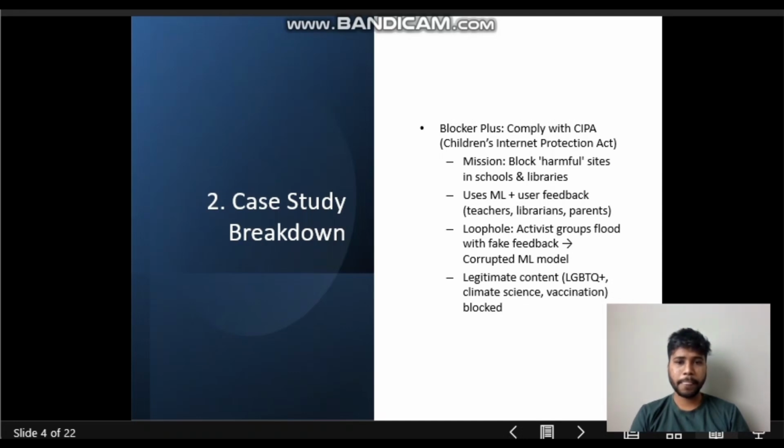This wasn't an accident; it was a direct consequence of Blocker Plus's failure to anticipate malicious inputs and audit its system for them.